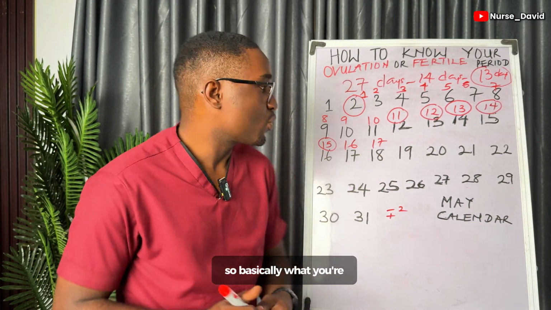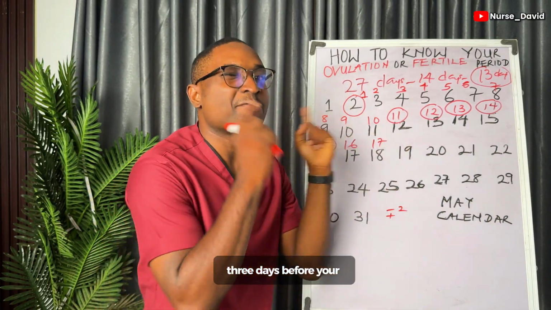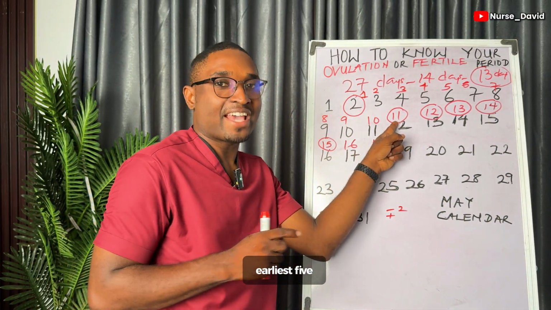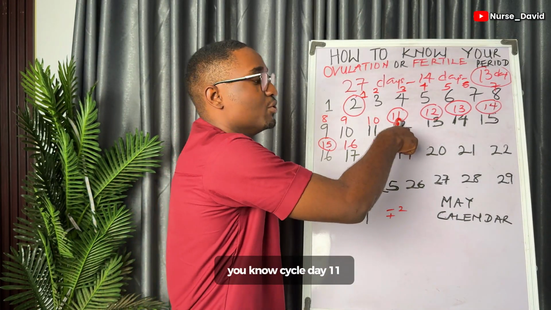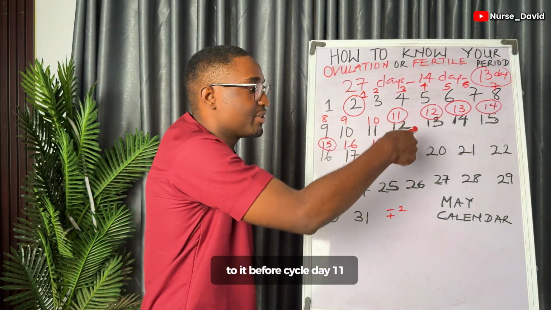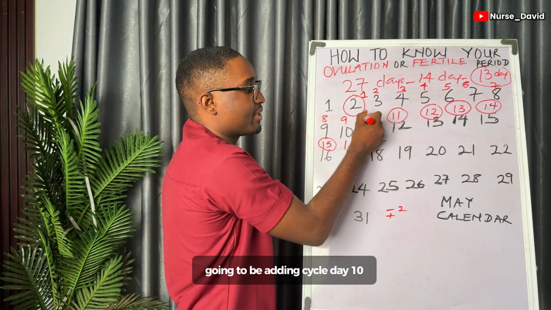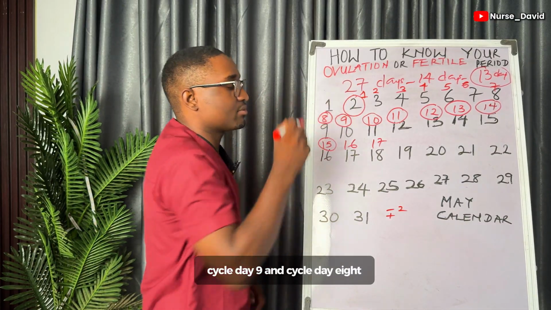So basically what you're going to do is add 3 days before your earliest 5 most fertile days. Our earliest fertile day here is cycle day 11. So you add 3 days before cycle day 11. That means you're going to be adding cycle day 10, cycle day 9, and cycle day 8.